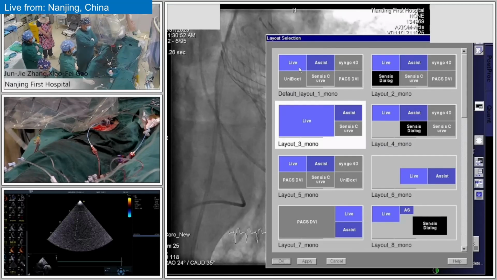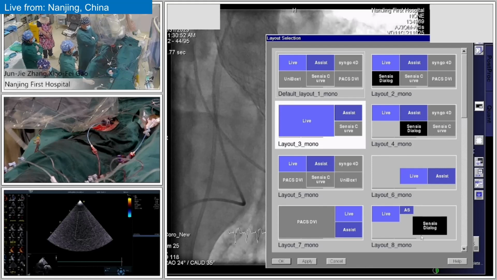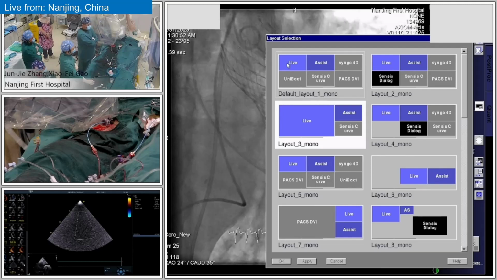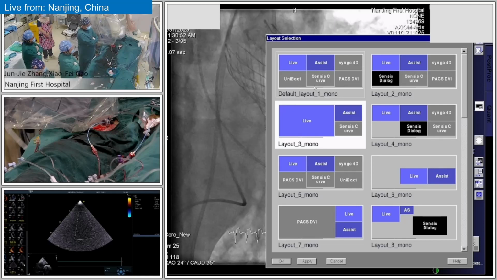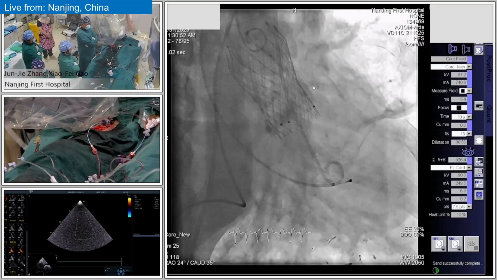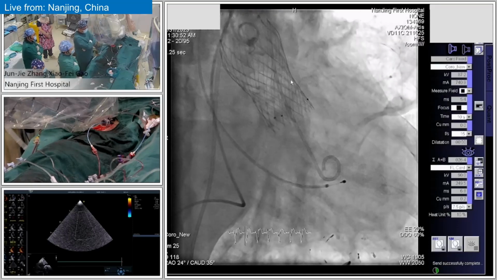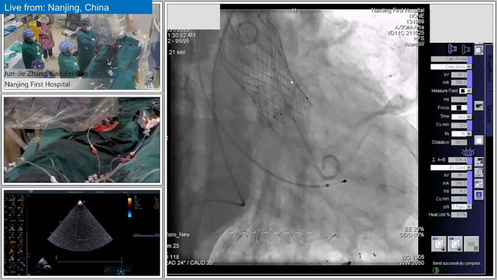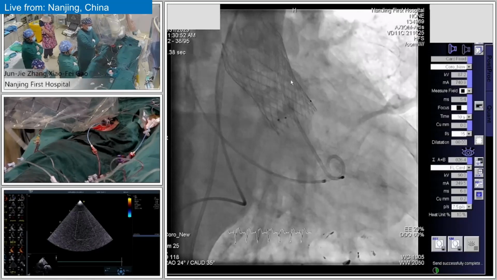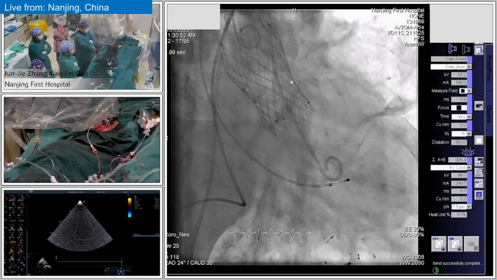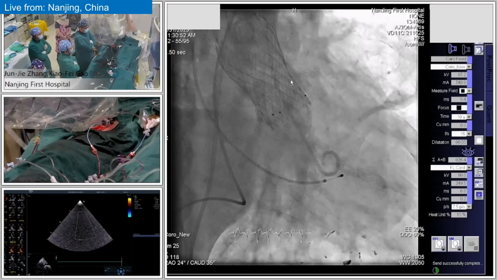From the CT analysis, the membranous septum is only 2 millimeters. So in order to prevent pacemaker implantation, I will perform the valve implantation at a high position, just at the annulus level. During valve implantation, I will use the LAO cranial view to separate the left and right leaflets, with 120 to 140 pacing.